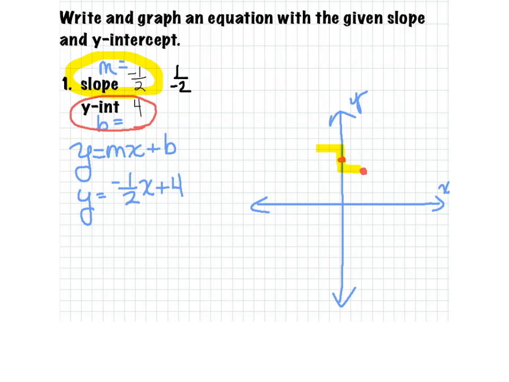Once you have 3 points, you can simply draw your line. Okay? So that's how you will be graphing these equations. So once again, you start at the y-intercept, draw your first point, then use the slope to rise and run to two other points on either side of the y-axis. Okay, let's go on.